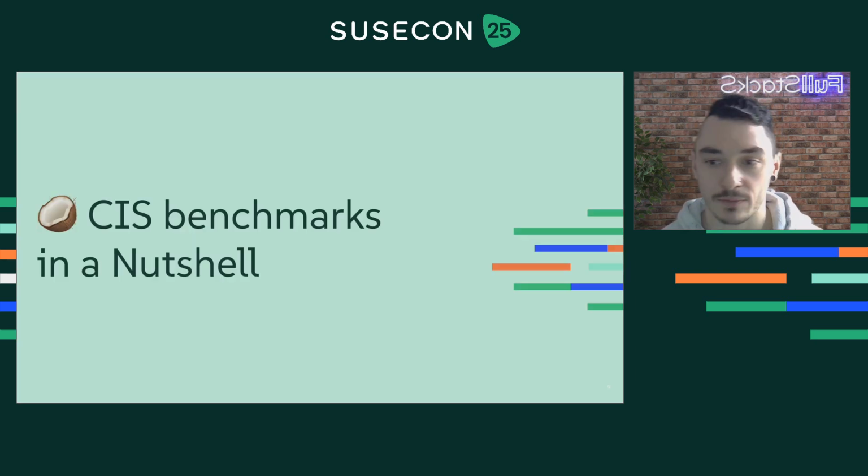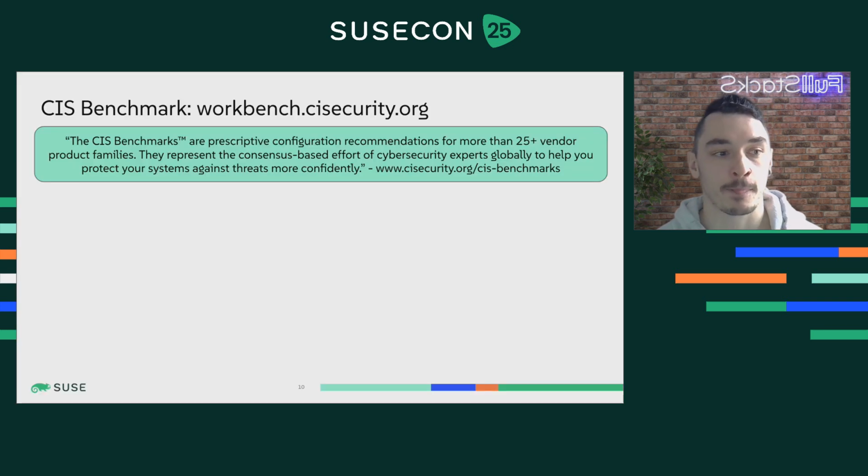Now, let's have a short look at what CIS benchmarks actually are, just in a nutshell, to get an idea of what we're actually talking about when we talk about achieving compliance regarding them. The CIS benchmarks are a prescriptive configuration recommendation for more than 25 vendor product families.